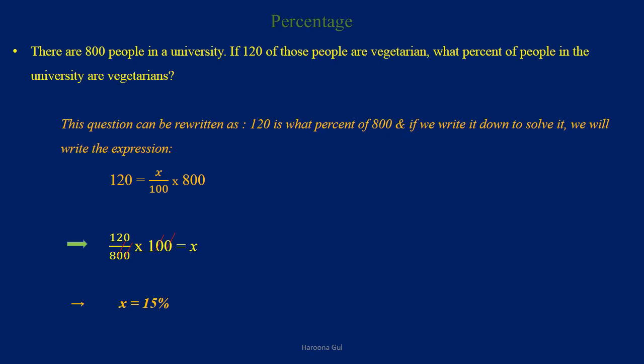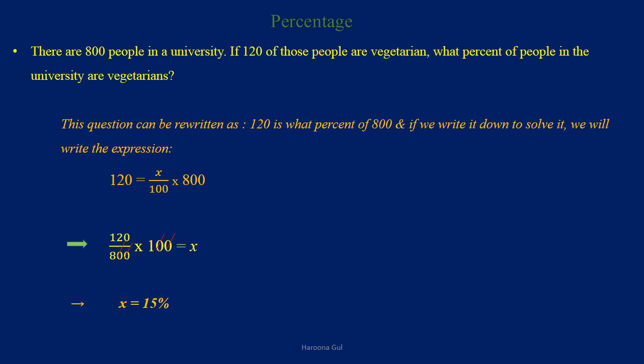Now let us see another question on percentage. It is a very easy question, and if rewritten in your own way, you can solve it more easily and more efficiently. The question says that there are 800 people in a university, and if 120 of those people are vegetarian, what percent of people in the university are vegetarians?